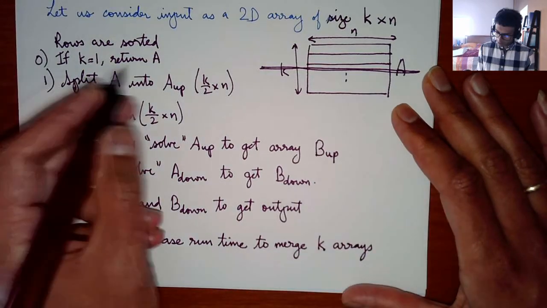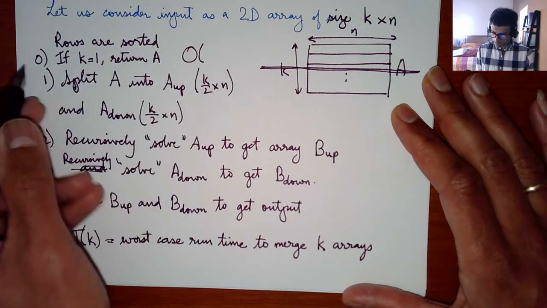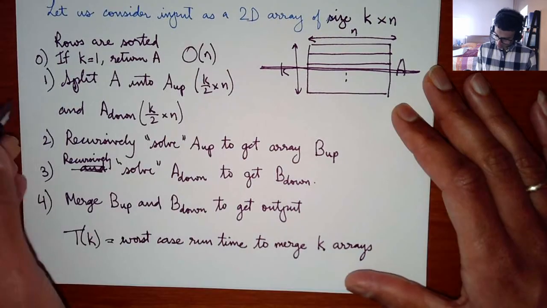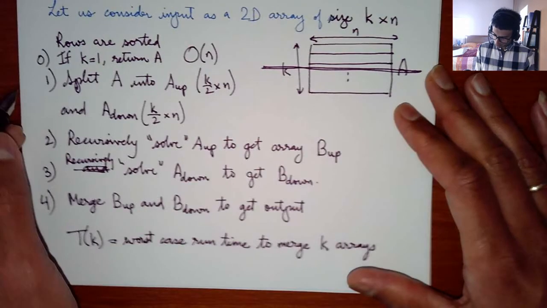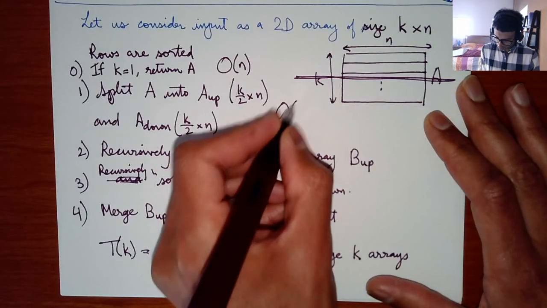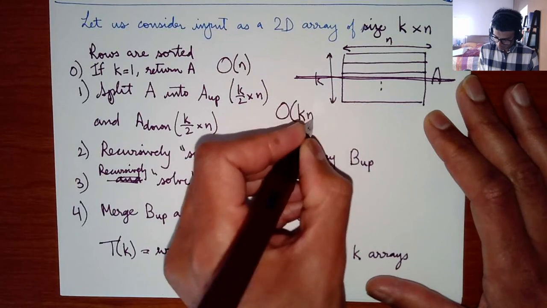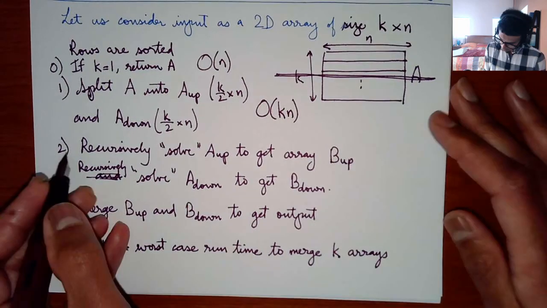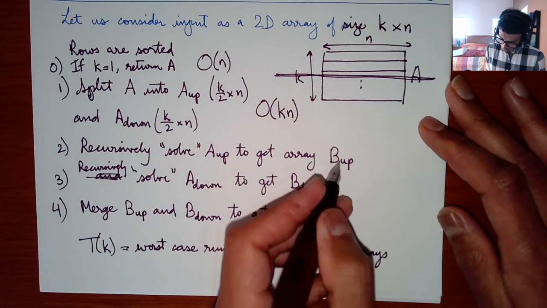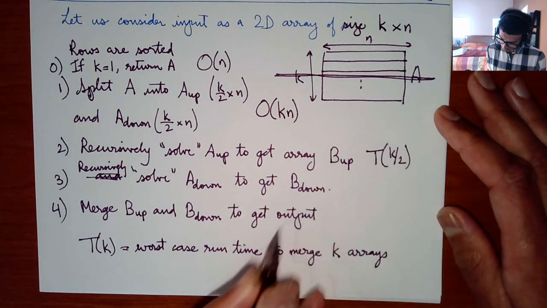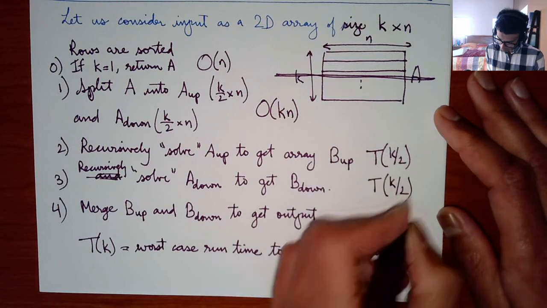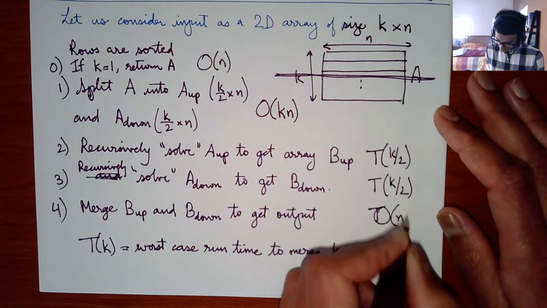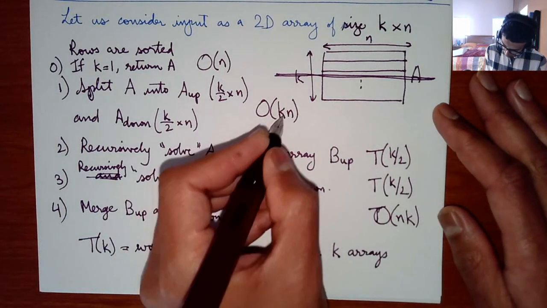The runtime of the first step is actually just O of n, like if k is equal to 1. The runtime of the second step is O of k times n. The second and third step is t of k over 2, and this is going to be O of n times k. Sorry, I should have said O of n times k instead of k times n.